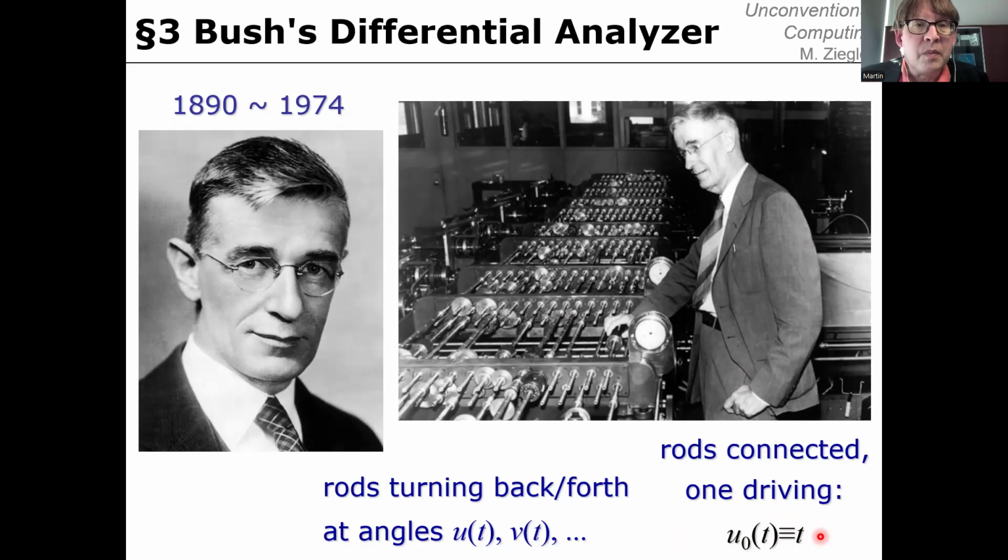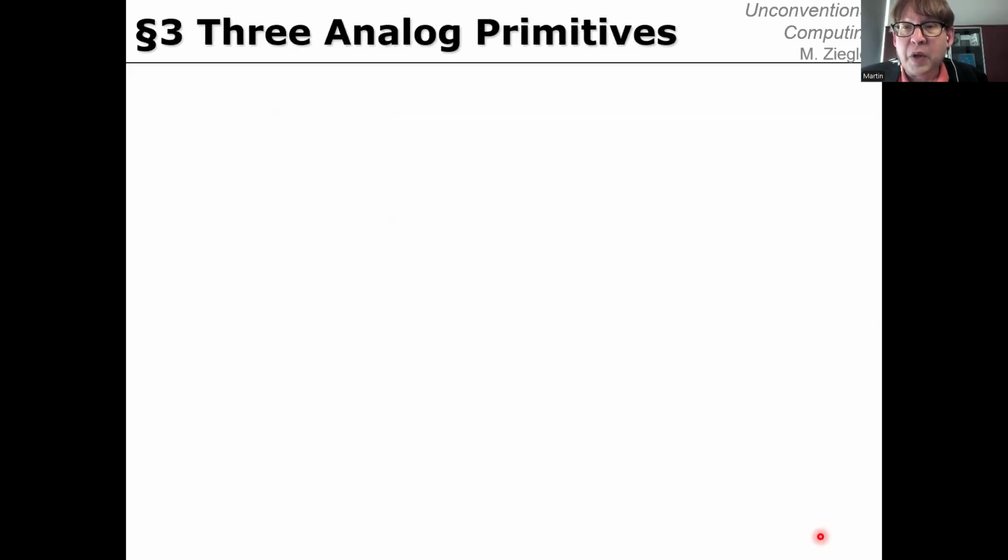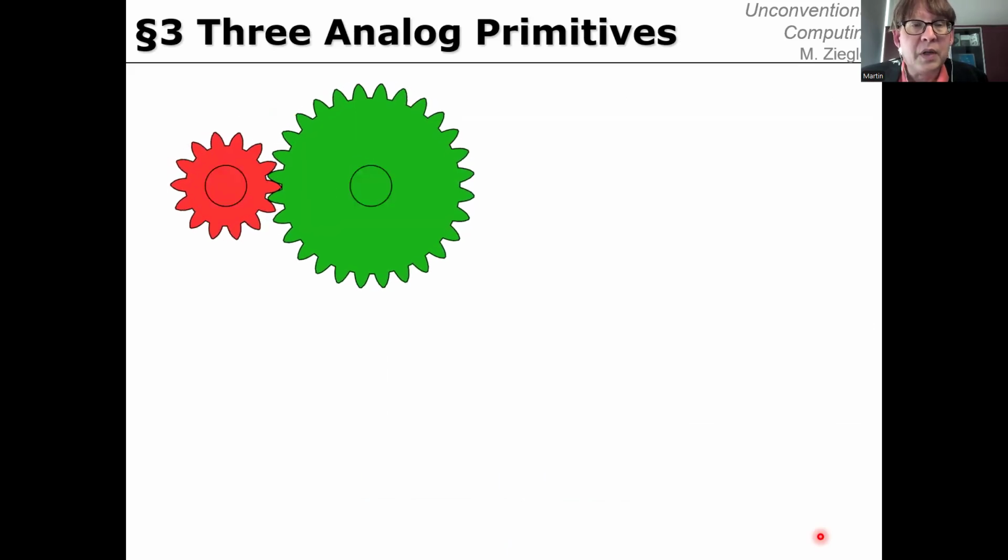And like in computer science, the differential analyzer is built from very few basic primitives. In this case, it's only 3 primitive operations, and I want to review them for you. The first is an ordinary gear, right?